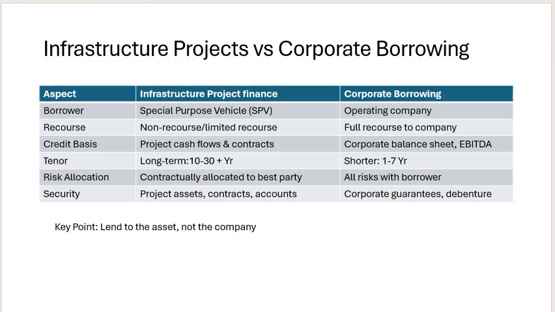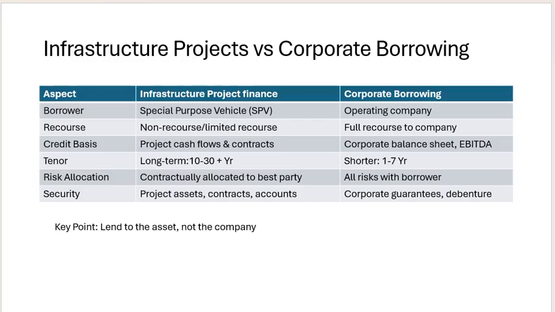So let's discuss the security perspective. Project assets, contracts and accounts are involved, and the special purpose vehicle needs to be part of infrastructure project finance, but the security perspective is different in corporate borrowing. Corporate guarantees and debentures are part of corporate borrowing.